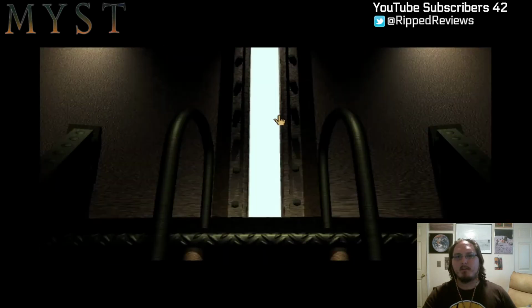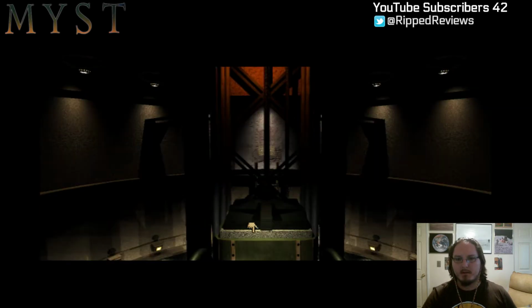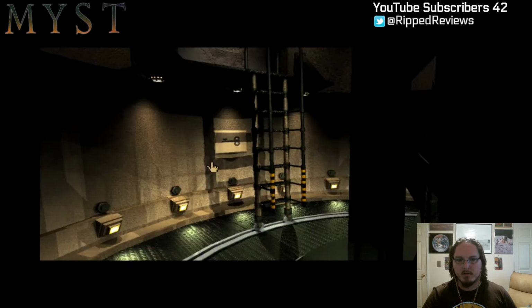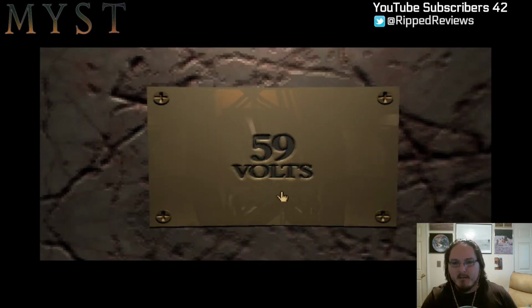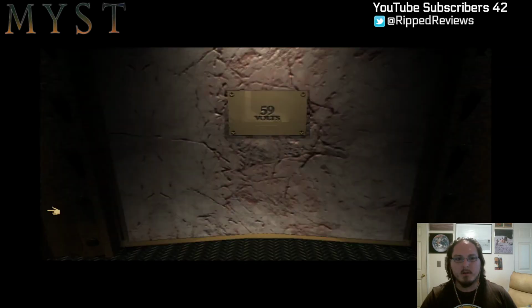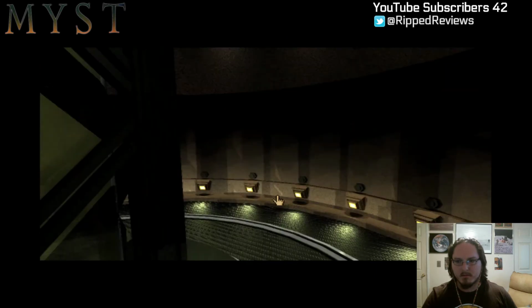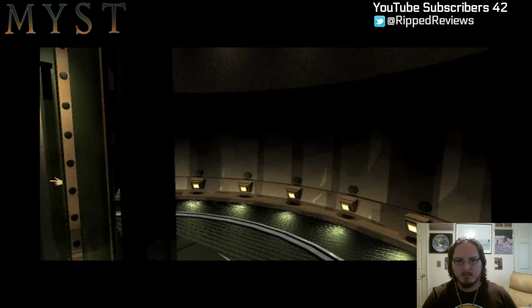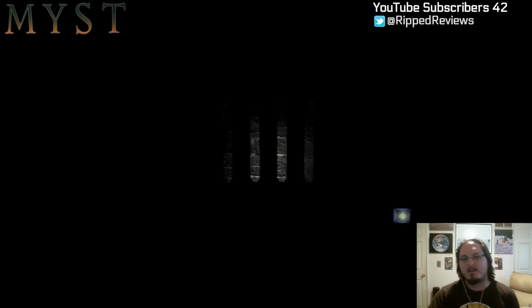Wait, is that a window now? Oh! I can see out to the rocket ship because that's where we rotated the tower. 59 volts. Okay, interesting. So I'm going to set the thing to 59 volts in the generator thing, and we'll see what happens.